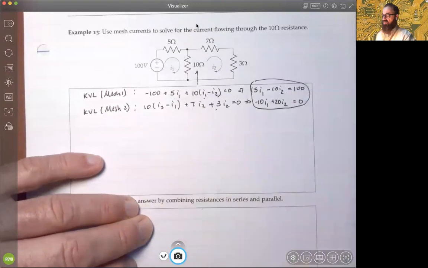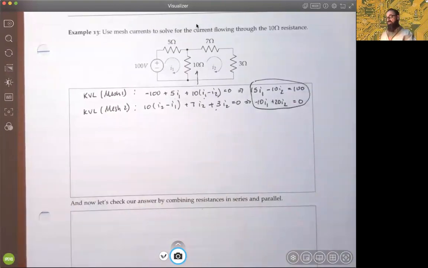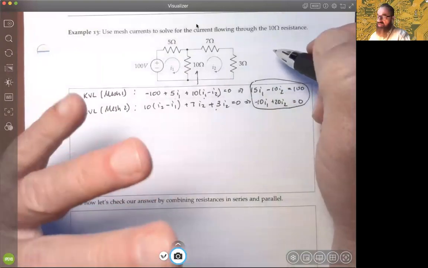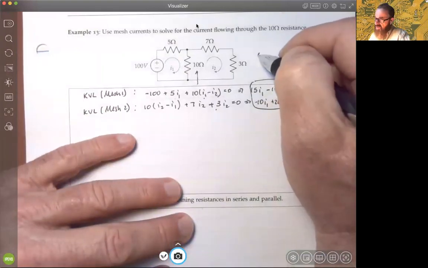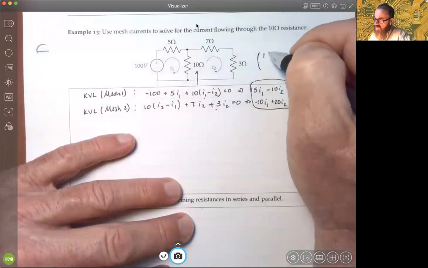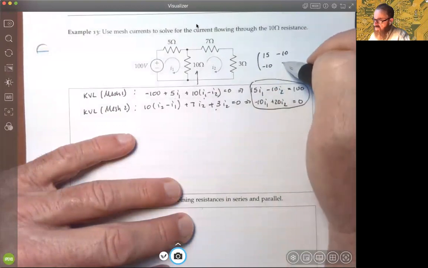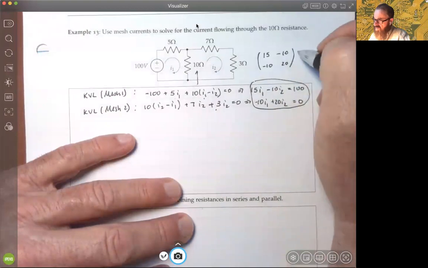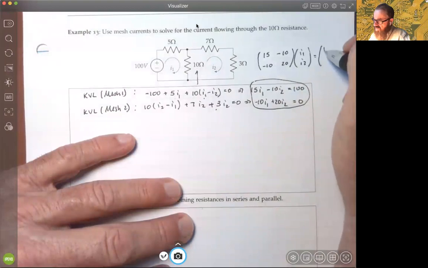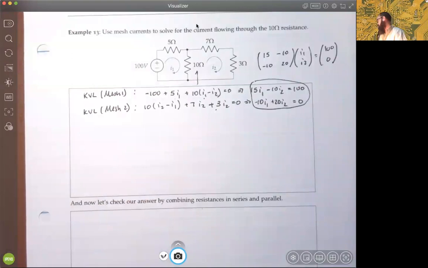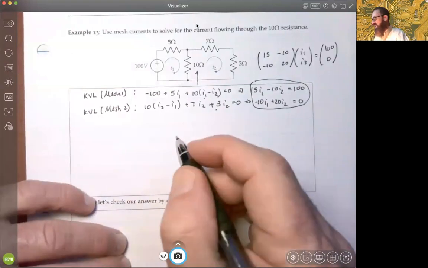We could write the matrix equation for that. But what we have shown is we would have this matrix equation, 15, minus 10, minus 10, 20. It's symmetric. I1, I2 equals 100 and 0, okay? But we'll just do this by hand.